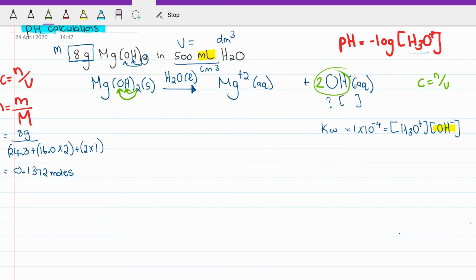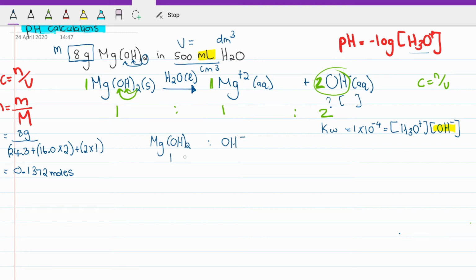So now if I write down my molar ratios, remember that you always write down the ratio number in front of the molecules. So you can see that that is 1 to 1 to 2. And this will be very important, because we are going to use this molar ratio to then calculate the moles of your hydroxide ions. So you first of all write down what you are comparing.